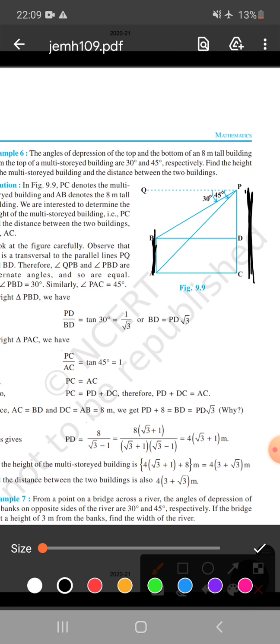We can say that it is given the angle of depression of the top portion of that 8 meter building is 30 degree. That means this angle is 30 degree, and the angle of depression of the bottom of this 8 meter building is 45 degrees. That means this angle is given to us as 45 degrees.